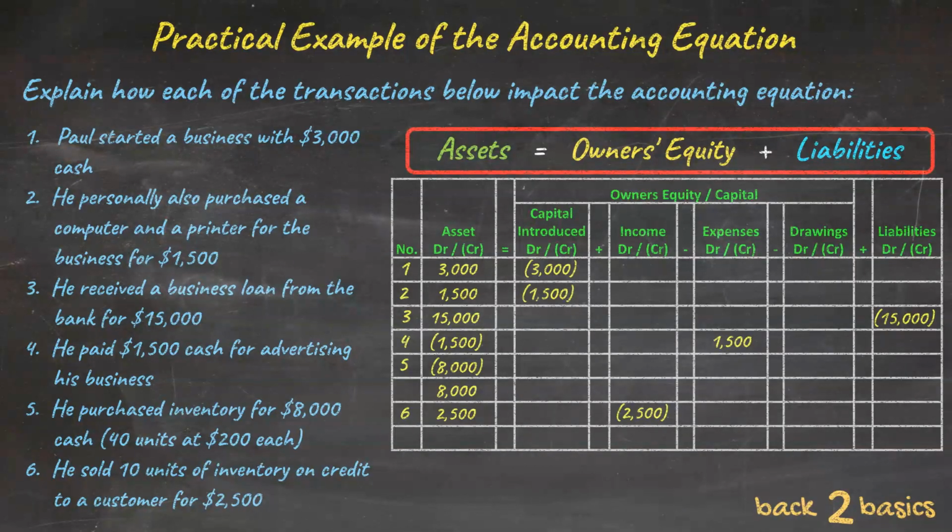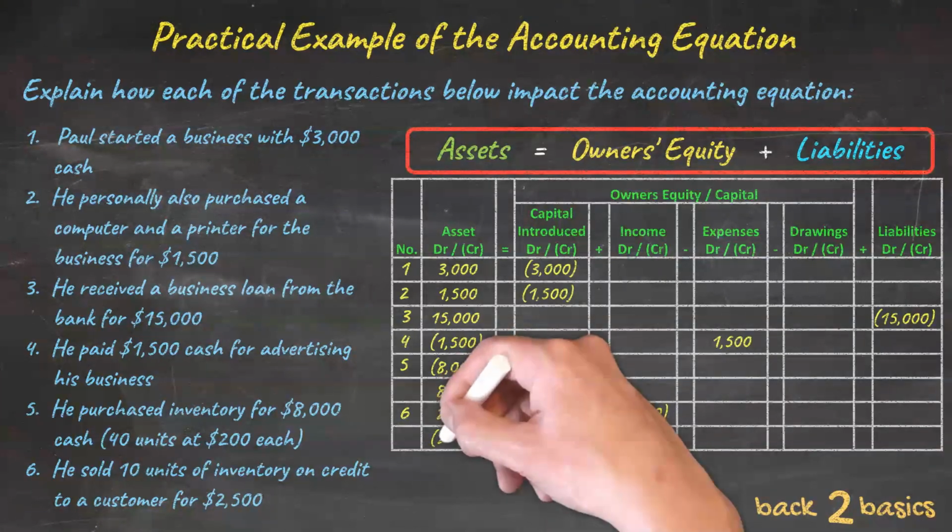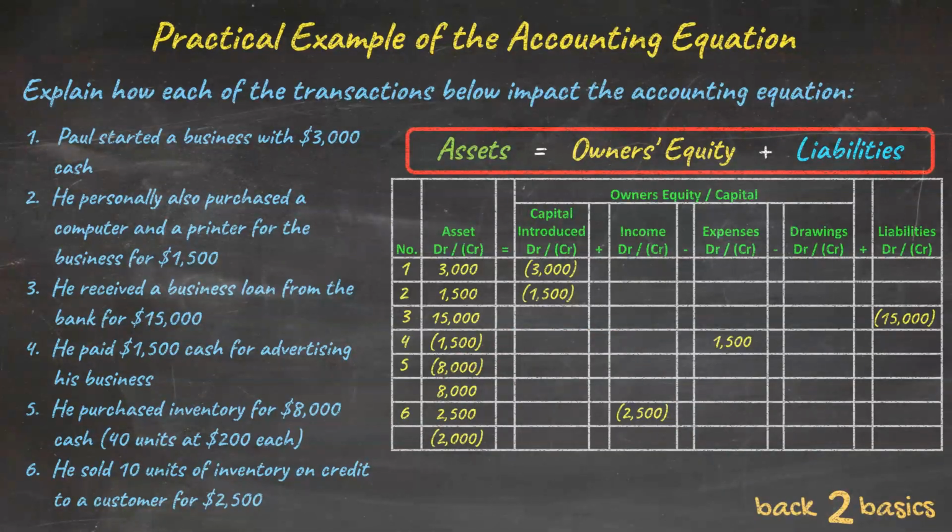So we now know that inventory reduced with the 10 units that was sold. So inventory being an asset means that our assets reduced by $2,000. So I'll input a credit amount of $2,000 in the asset column.